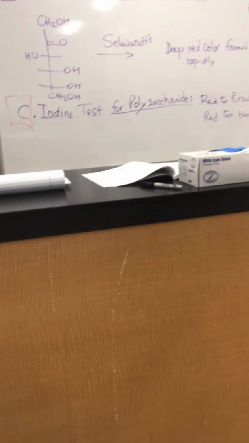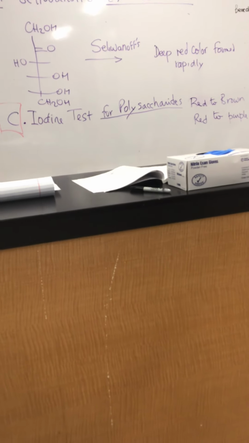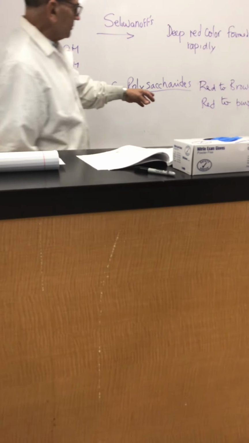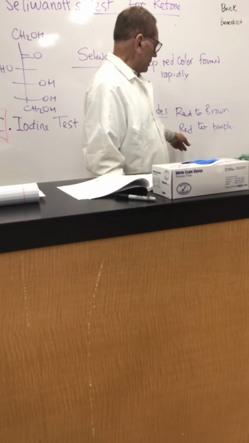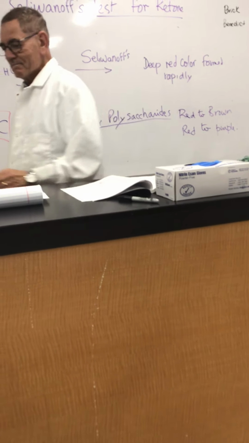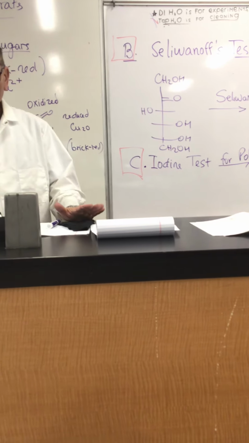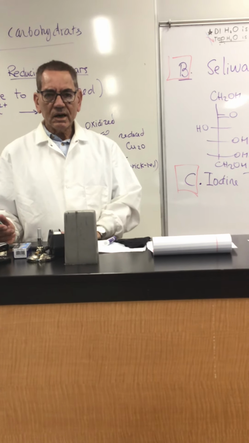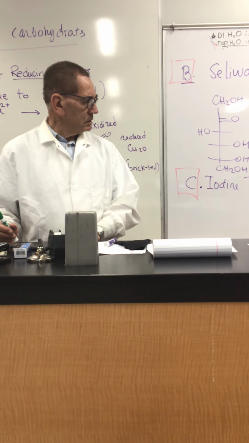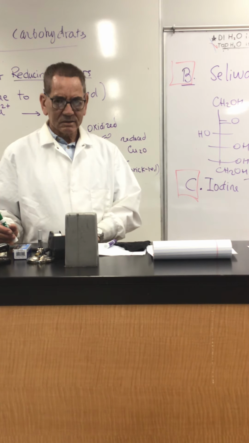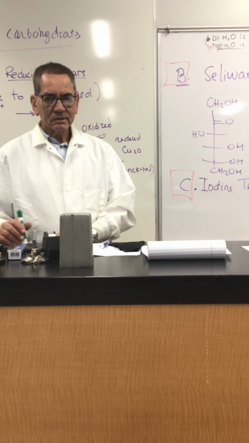The polysaccharides will give you a positive test with iodine. What are the colors? Some will give you red to brown and some red to purple. Red to purple is known for glycogen. So if you have glycogen and you add iodine, you will have a red to purple color as a positive color. All right.